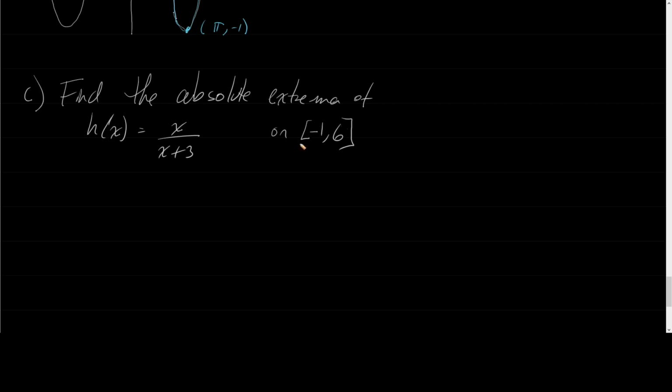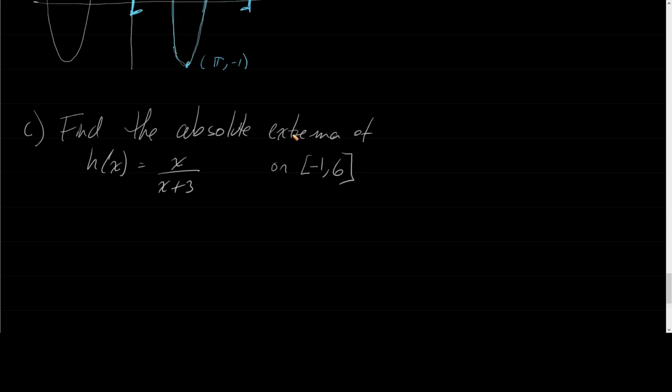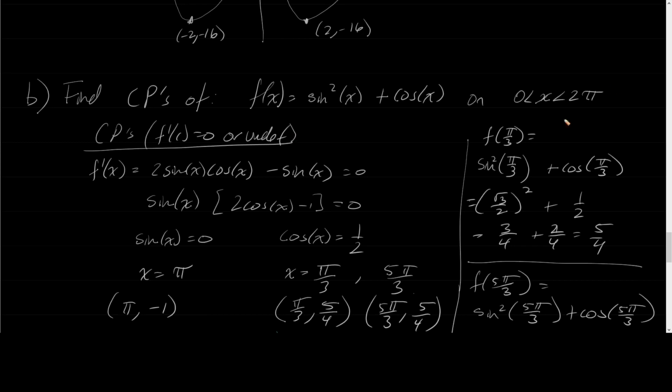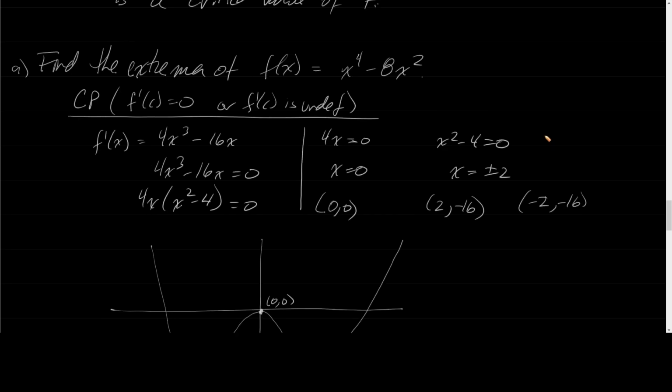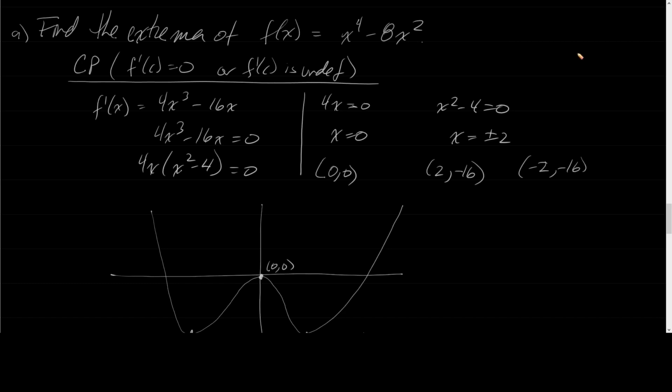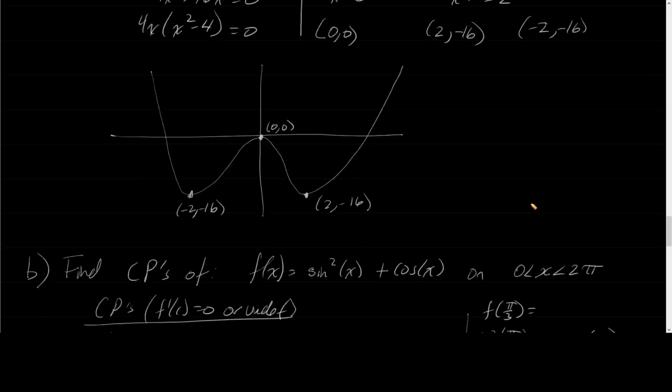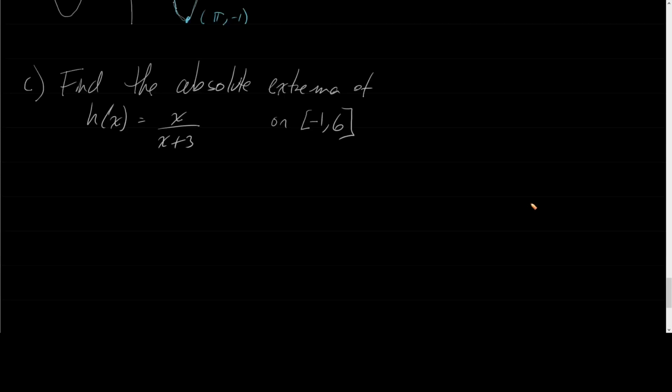Unlike in the previous examples, where I gave you an open interval, because it's not having the or equal to on either side, which is what makes it open. And in the other one I didn't even give you an interval, because it's implied that I'm talking about its entire domain, which is all real numbers. So in C, I'm explicitly saying which interval we care about. That only happens in general when we're looking for absolute extrema.